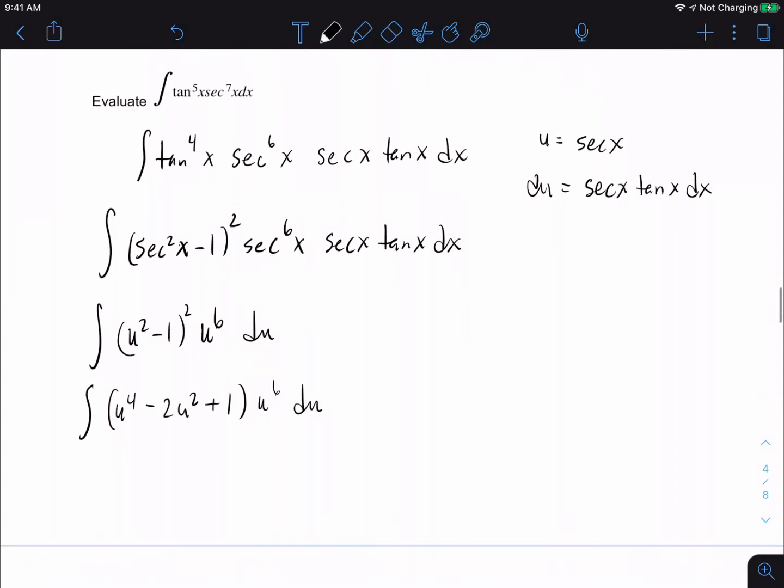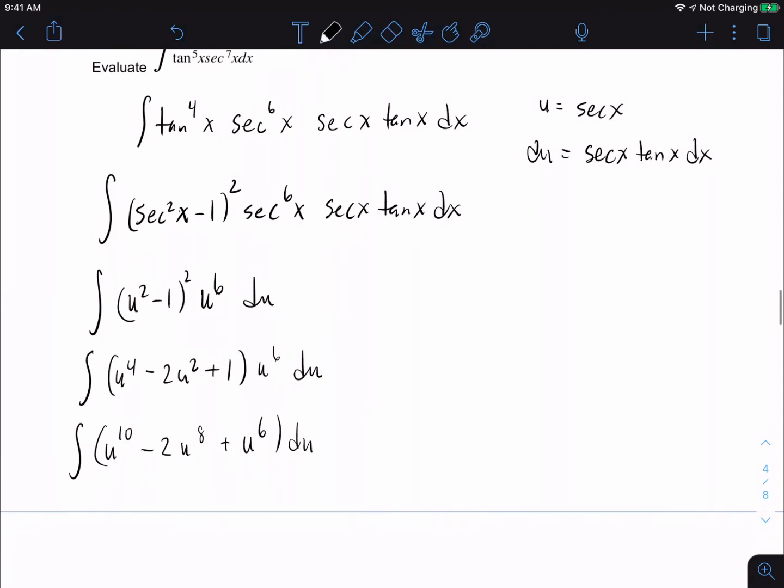That's just expansion. And then I'm going to get u to the 10th minus 2u to the 8th plus u to the 6th du, which will yield u to the 11th over 11 minus 2u to the 9th over 9 plus u to the 7th over 7 plus some constant c.